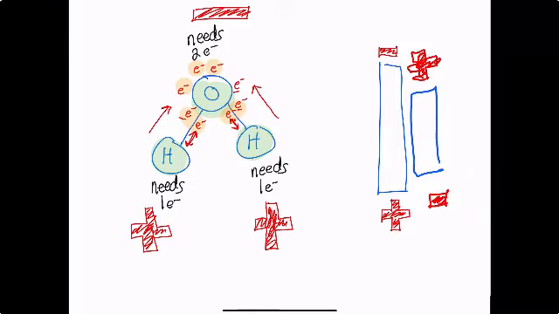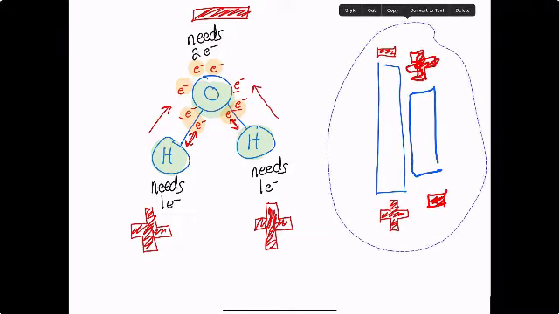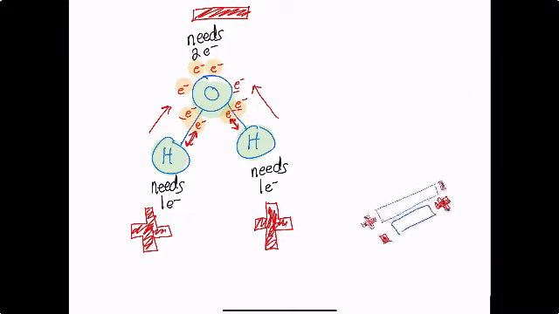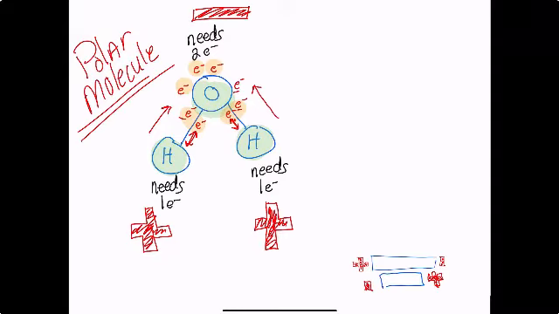So we're going to use this idea of two magnets and relate it to our solutions. Water is the universal solvent. It dissolves a lot of different things because it is a polar molecule. Just like magnets, you have a positive side and a negative side.